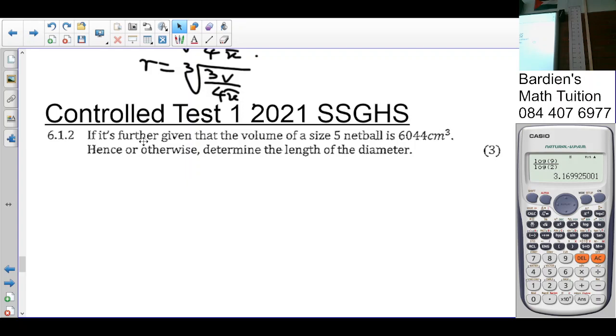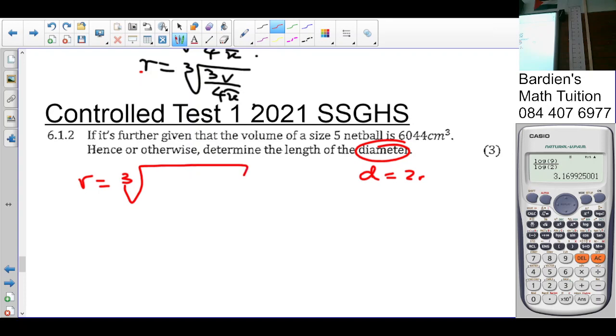So how do you calculate diameter? Diameter is equal to your 2 times your radius. Not so. So firstly I need to work out my radius. So r is equal to the cube root of 3 times your volume, which is 6044 over 4 pi. So you put that in the calculator.